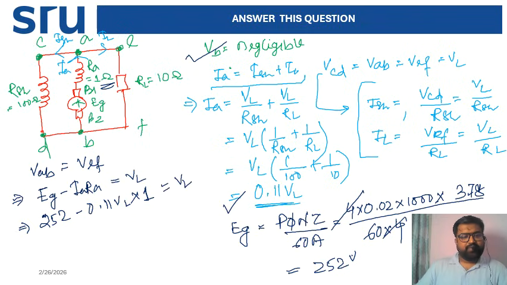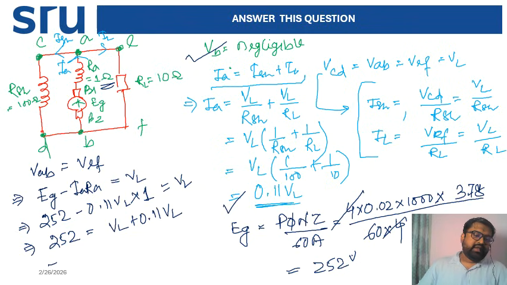Now you see that 252 can be written as VL plus 0.11 VL, right? That means the load voltage will come around 252 by 1.11. Then approximately it will come as 227.0.